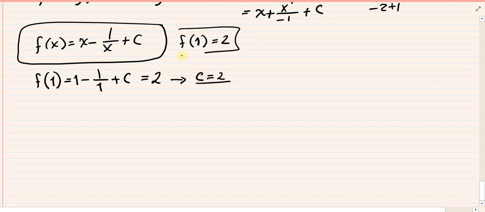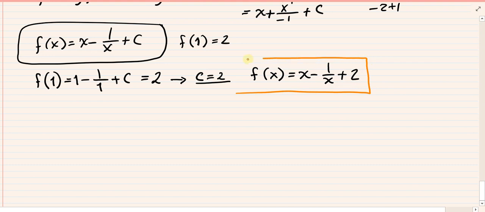So for these conditions where f at 1 has to be 2, only a very specific antiderivative works. The answer to this problem is x minus 1 over x plus 2. There's only one antiderivative that meets the requirement of our initial value problem.